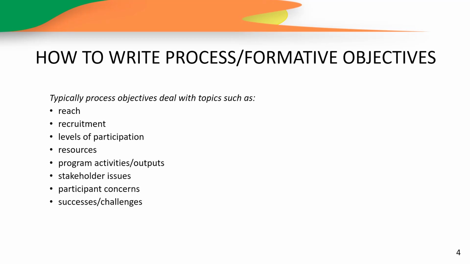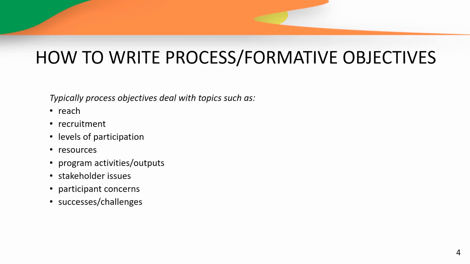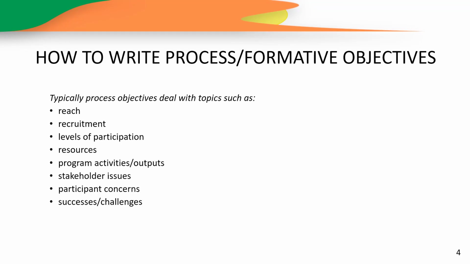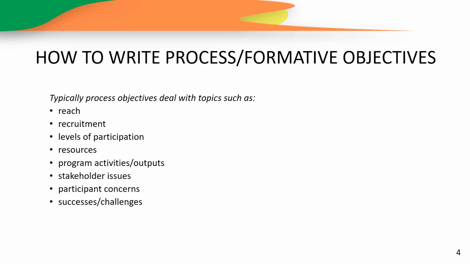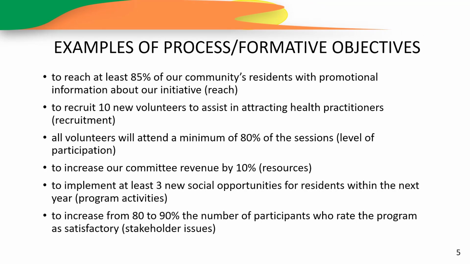This is the kind of evaluation that typically deals with such things as, who did you reach? Who did you recruit? The levels of participation, the resources that you accumulated, the different activities of the program and the outputs, stakeholder issues, participant concerns, your successes and your challenges. So it is pretty straightforward.